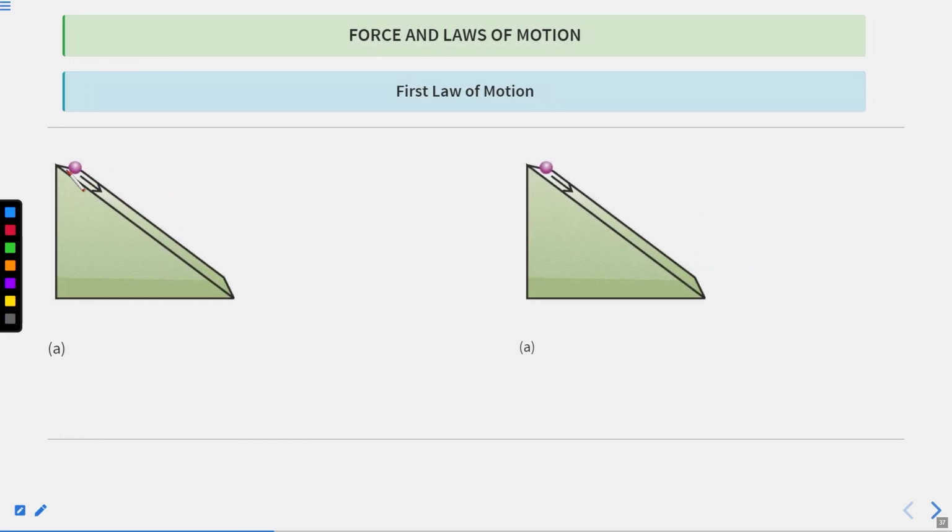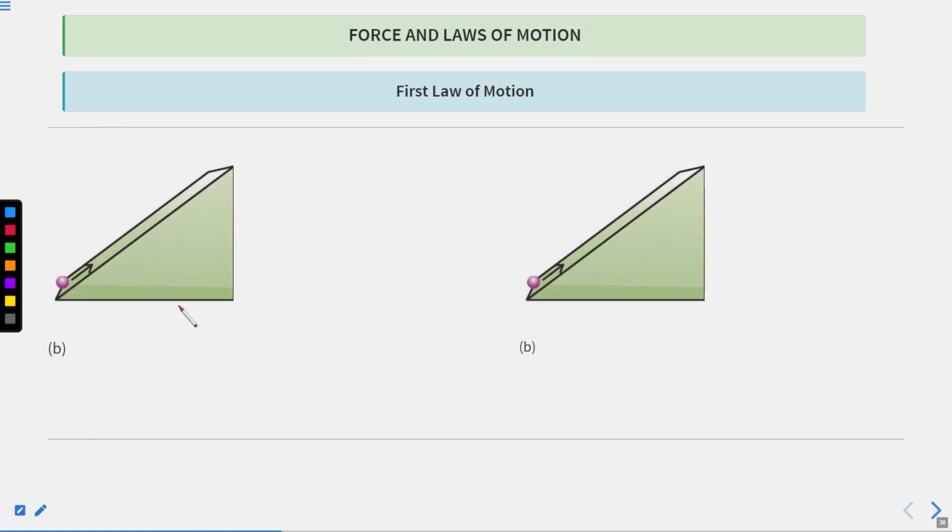So what we are doing is this: this is an inclination, there is a marble, and we release this marble from the top. The marble will fall down because of the gravitational force and it will keep moving. This is the first inclined plane, this is the second inclined plane.